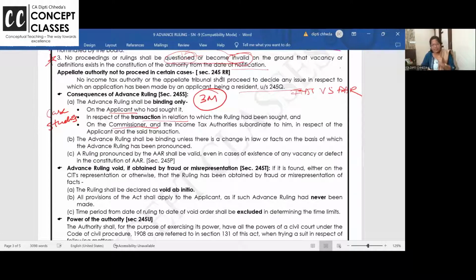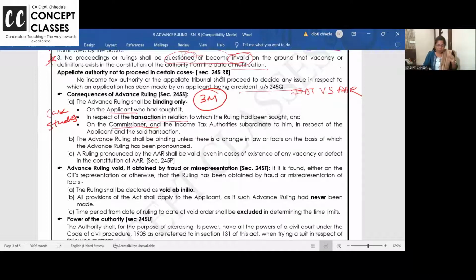I went for advance ruling and got a decision in my case. Now my friend Usha has exactly the same case as mine. Instead of going to advance ruling, she's saying apply Dipti ma'am's case. Same as me. Is it applicable?